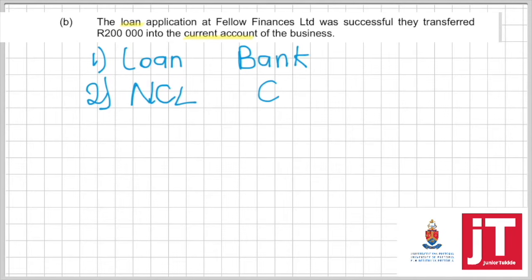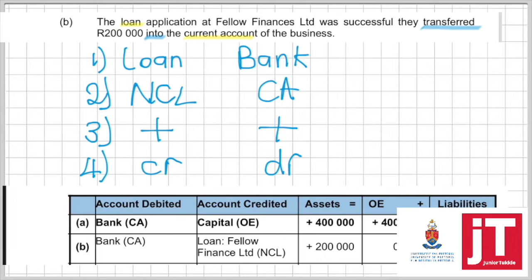Now, loan is a non-current liability and bank is a current asset. For the business, we owe more money because we made a loan, and our bank account will plus because they actually transferred the money, the cash of that loan into our bank account. And then quick debt click, and we know loan is the credit account and bank is the debit account.